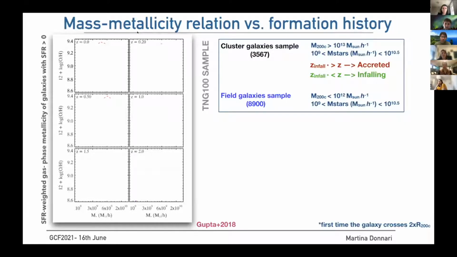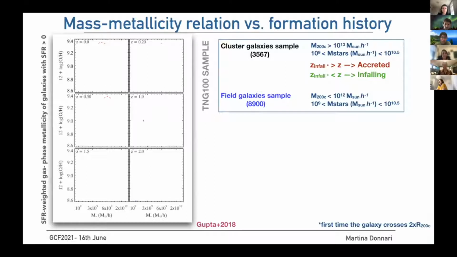And then we have the field galaxy sample, meaning that the mass range is the same, between 10^9 and 10^10.5, but they are orbiting in halos less than 10^12 solar masses. So just bear in mind the colors: green for infalling, red for accreted galaxies, and blue for field galaxies.